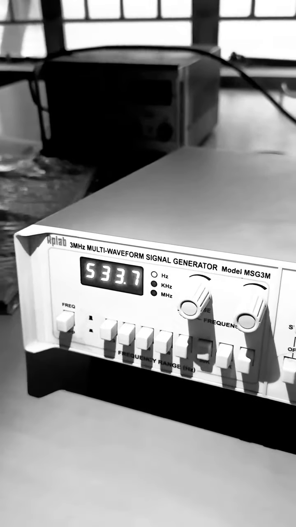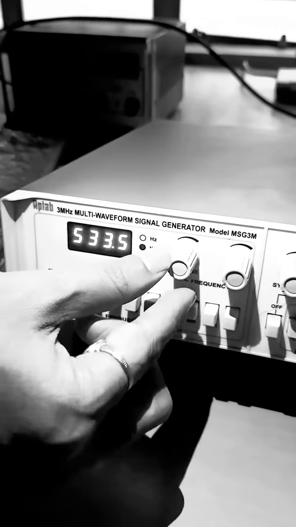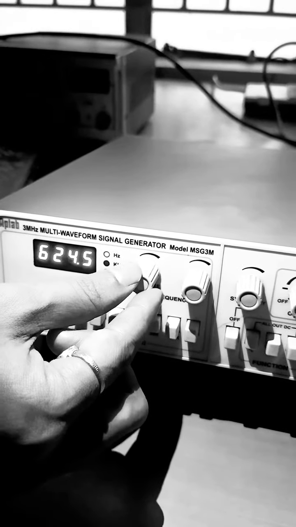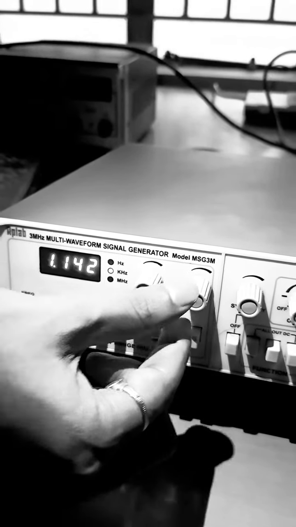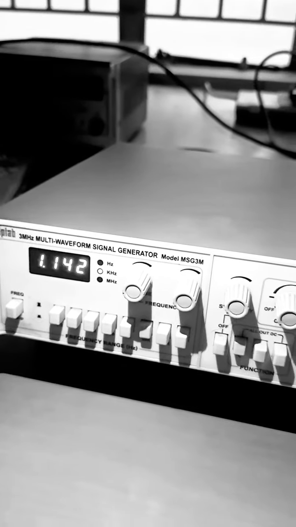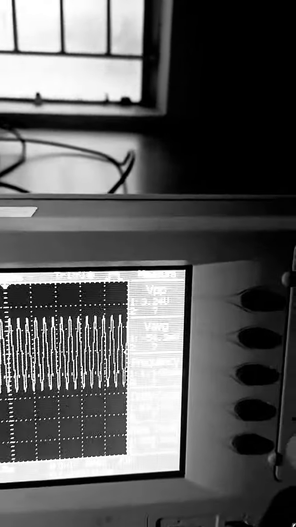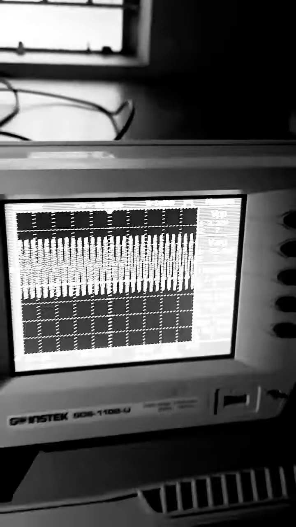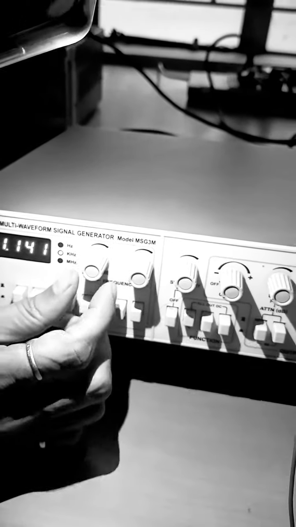Again I'll change the frequency to 1 kilohertz. It is around 1.1k, and you can see the output voltage as 3.20 volts. Again I'll increase the frequency to 2 kilohertz.